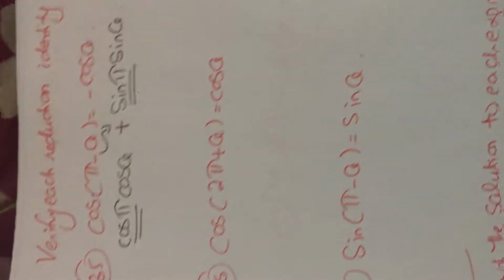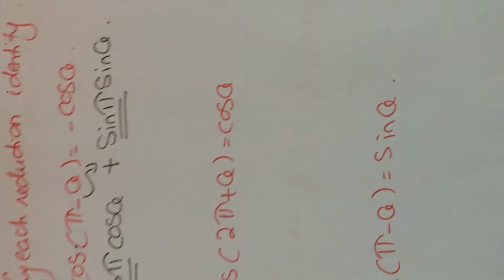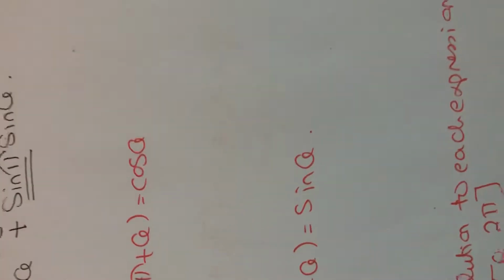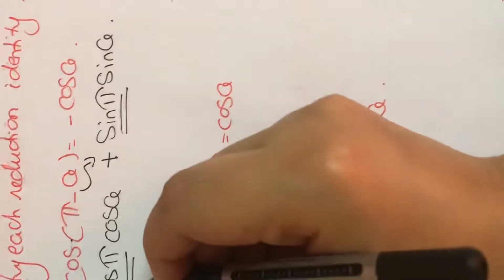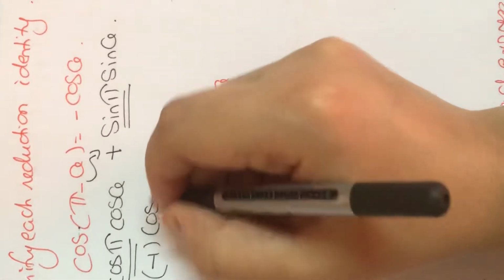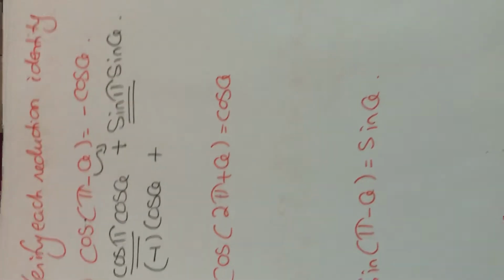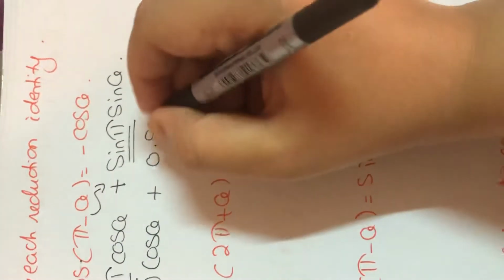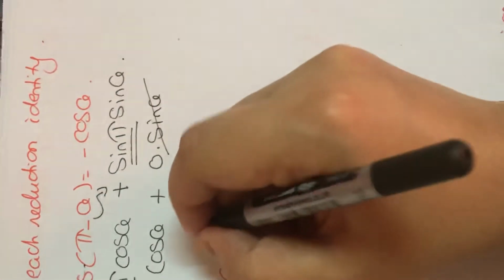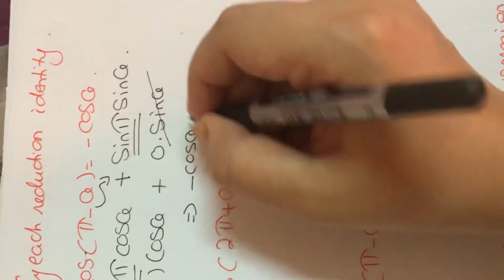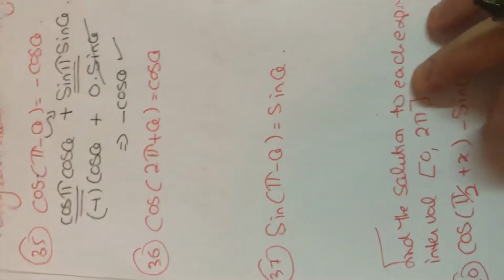I can evaluate these, I cannot evaluate the others because I don't know what theta is. Cosine at 180 is negative 1, so negative 1 times cosine theta. Sine at pi is going to be 0 times sine theta. So this is gone and I ended up with negative cosine theta, and here I proved it.